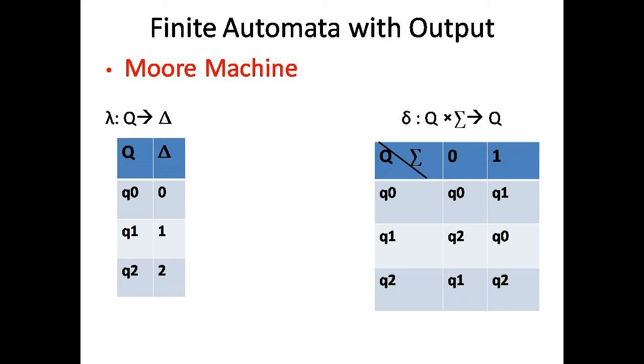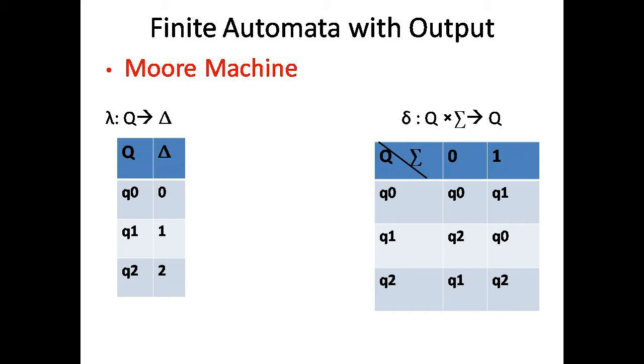Here in a Moore machine, we construct a lambda machine function table and a delta transition function table. The lambda produces the output symbol and the delta function table produces the states.